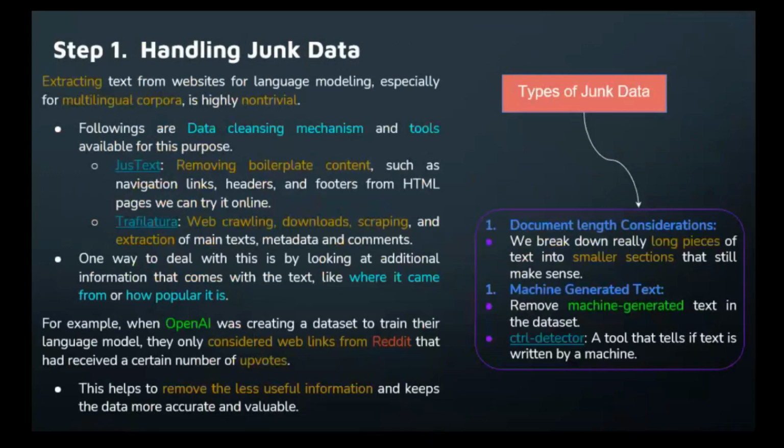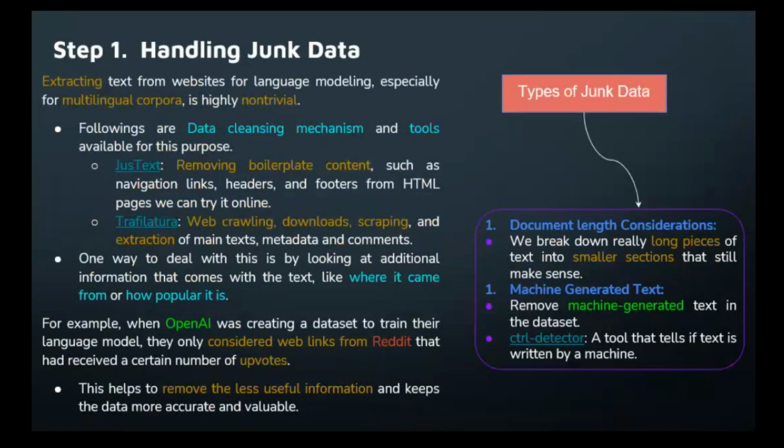First of all, handling junk data. Let's see how we can remove junk data from a large data collection. There are a number of data cleaning mechanisms and tools available that can be used to remove junk data from a whole dataset. These tools can be used to remove duplication of data, to remove noise from data, and to remove data that is actually not relevant to the task.